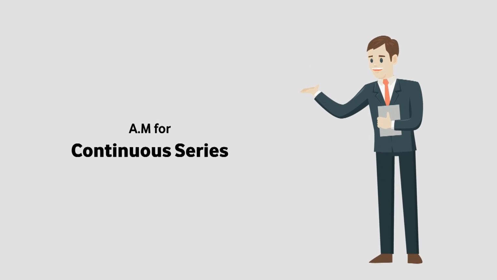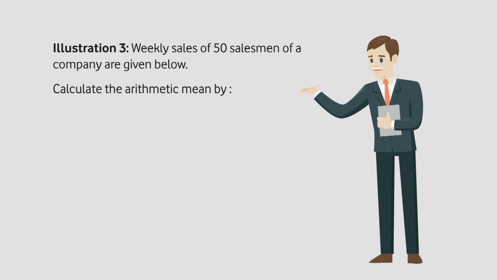Now we will talk of continuous series. How do we calculate mean in continuous series? Students, have you practiced till here? Shall we move forward? Alright, now we will talk of arithmetic mean for continuous series. In this illustration, the weekly sales of 50 salesmen of a company are given below.